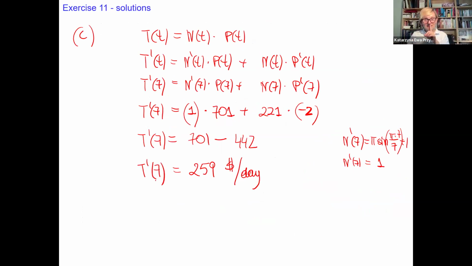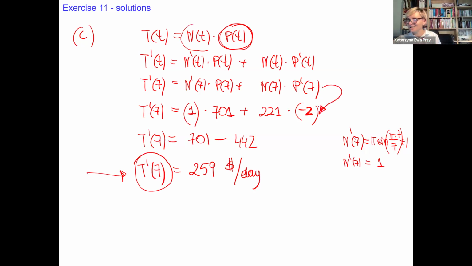But now they are also asking, please tell me, because the total depends on the number of stocks and the price. Was price increasing at day 7 or decreasing? P prime was actually negative at 7. That means the price was decreasing. And what about the number?